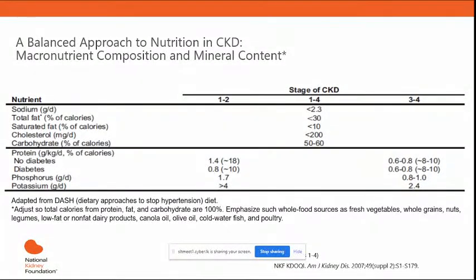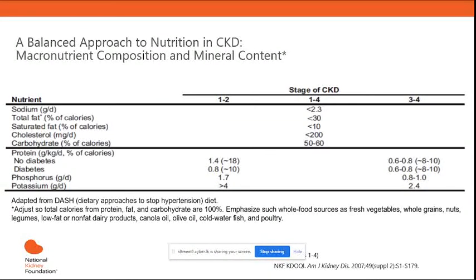And it is important that we pay attention to nutrition. There are many things we have to pay attention to. One of the important things is sodium restriction, because most of the patients with CKD are hypertensive, and also a high sodium diet promotes increasing proteinuria. We have to limit the sodium intake. We have to cut down the fat intake because of the cardiovascular complications, and we have to give adequate calories.